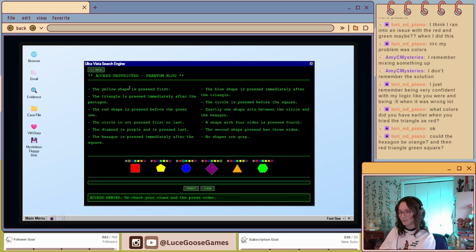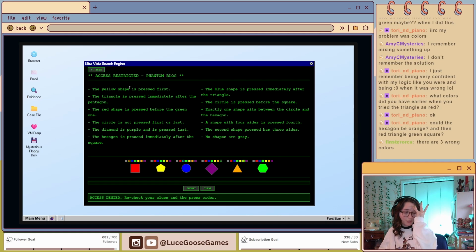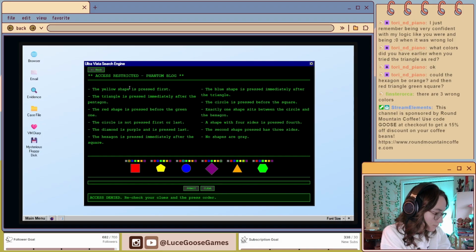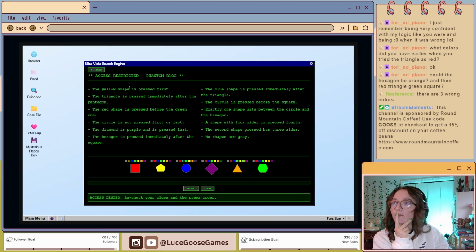Could the hexagon be orange? If the hexagon is orange, there are 3 wrong colors. Great. If the hexagon is orange, could the square be green?